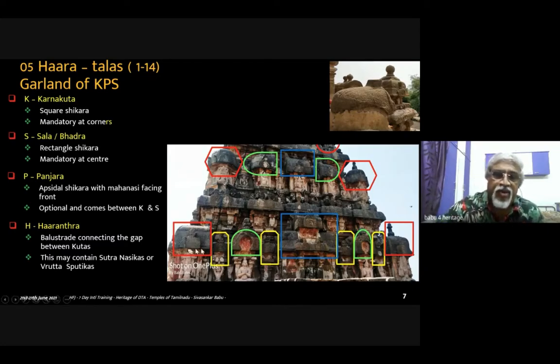Normally, in all the places it will be square. Here they have made the change, and you can see that it is an octagon at the corner, okay, which is not at all defined anywhere here. Dravida corner. So I will tell you the reason later. And the Panjaras, instead of the Nasika facing us, it is showing the side-on pose. You can see this, the side-on pose.